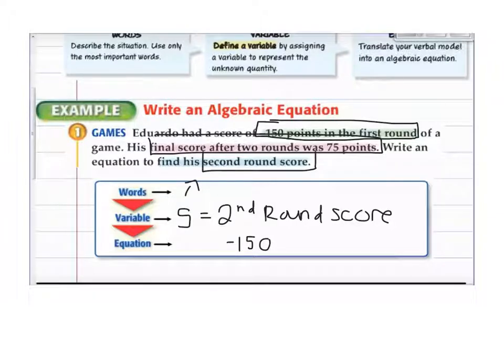So his first round score plus his second round score, which we don't know, so I'm going to use S, equaled 75.